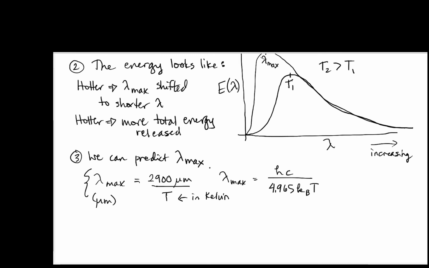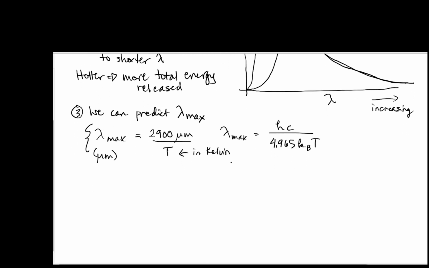Anyhow, what we can do is predict the maximum wavelength emission location, which helps us to predict the color of something based on its temperature. So let's take an example.